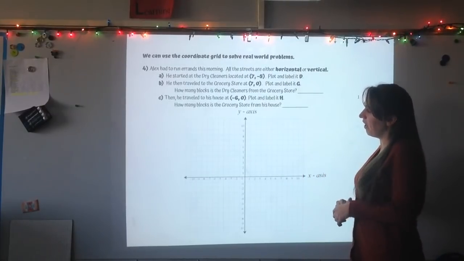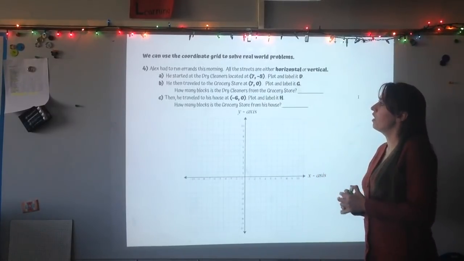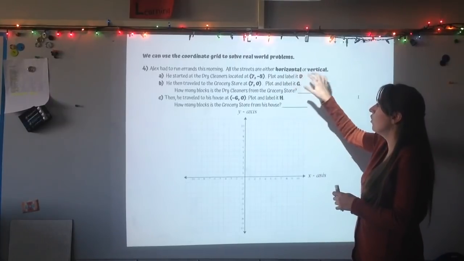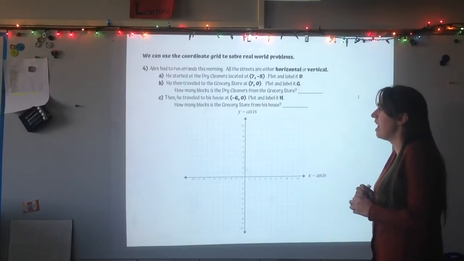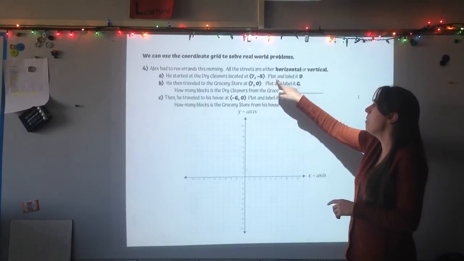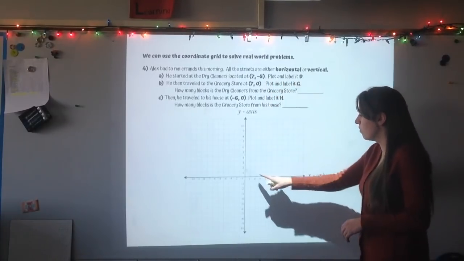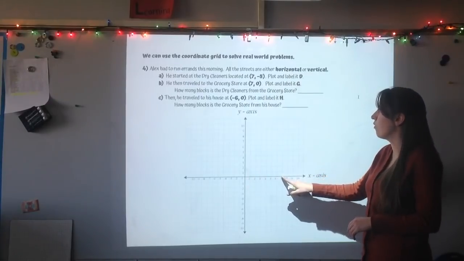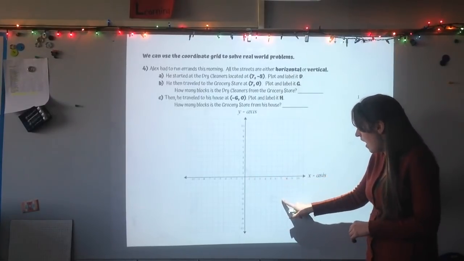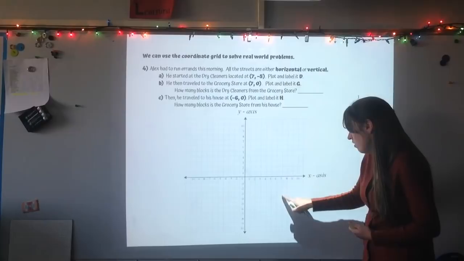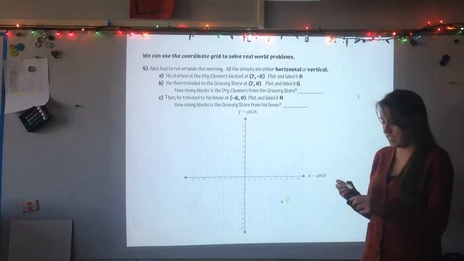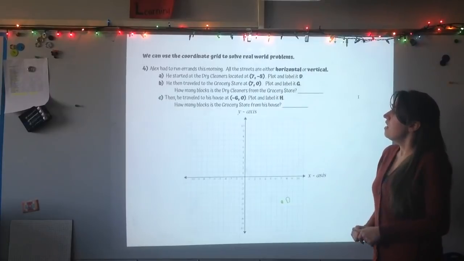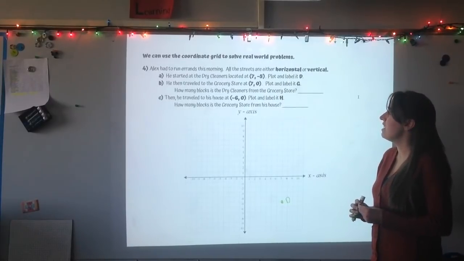So first example here, Alex had to run errands this morning. All the streets are horizontal or vertical. He started at the dry cleaners located at (7, -5). Plot and label it D. So positive 7 is 7 to the right, negative 5 is 5 down. So I'm going to plot that point and it says to label it D. It says he then traveled to the grocery store at (7, 0).